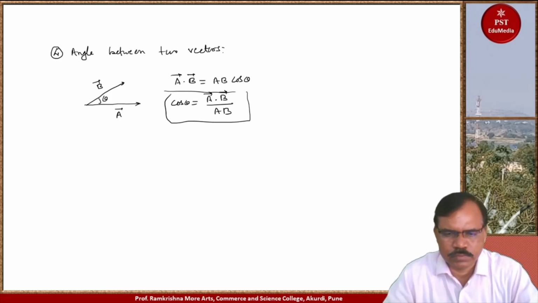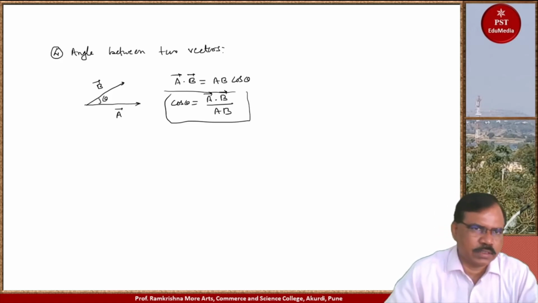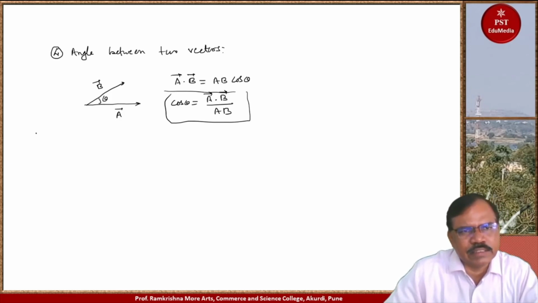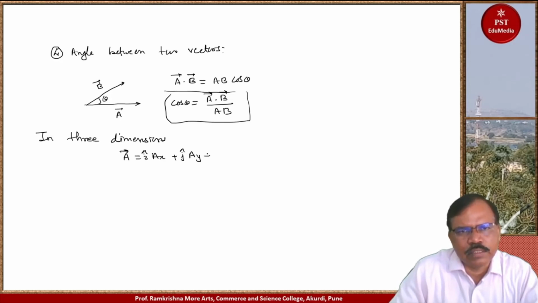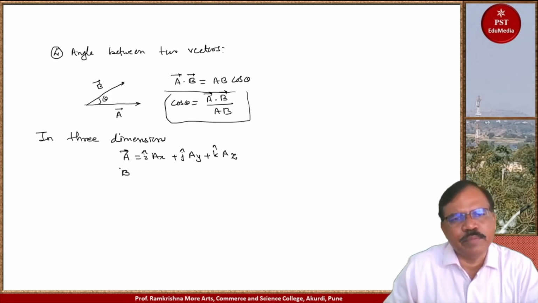So this is about scalar products. Now see here, in three dimensions, we take vector A is equal to I times Ax plus J times Ay plus K times Az. Ax, Ay, Az are components along the X, Y, Z axes, and I can take here B is equal to I Bx plus J By plus K Bz.